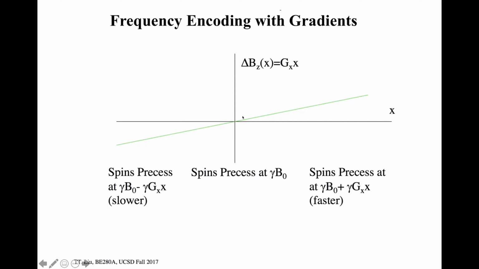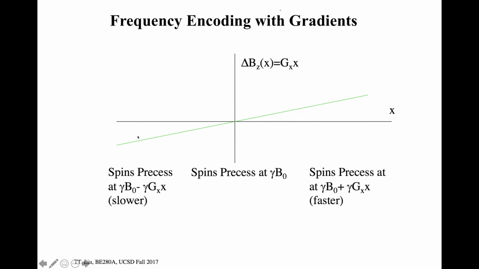Now we'll look at changing it as a function of X. You can imagine that if immediately after performing my RF pulse, I turn on an X gradient, then if this is, say, the left side of the patient, protons on the left side will be precessing at a higher frequency than protons on the right side of the patient, right?